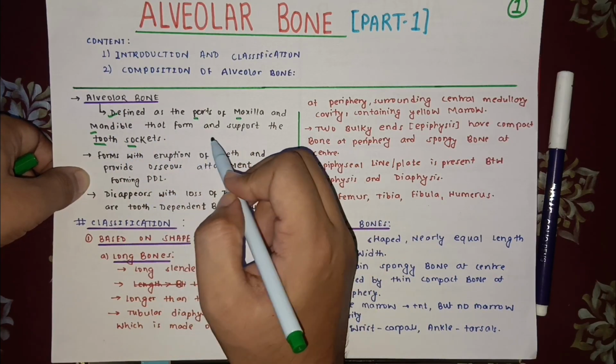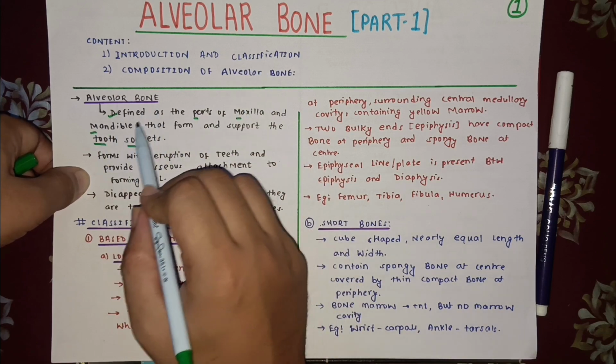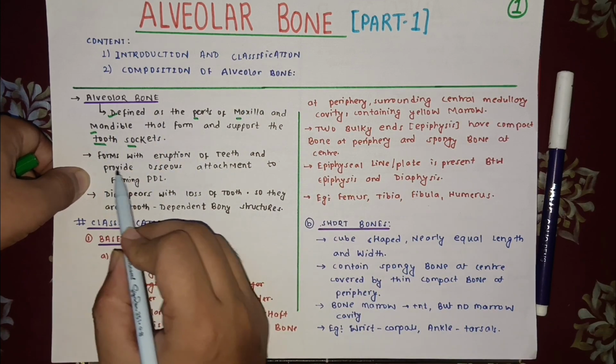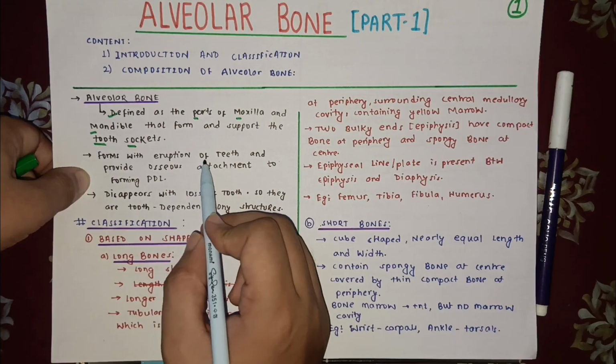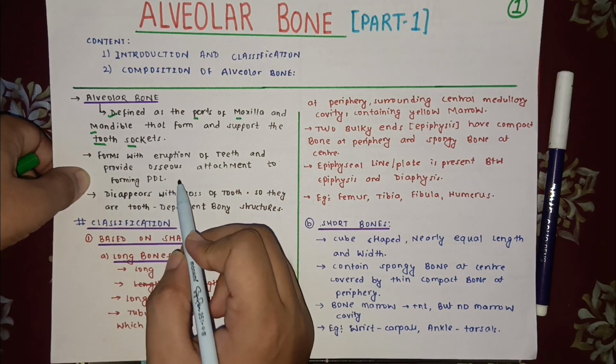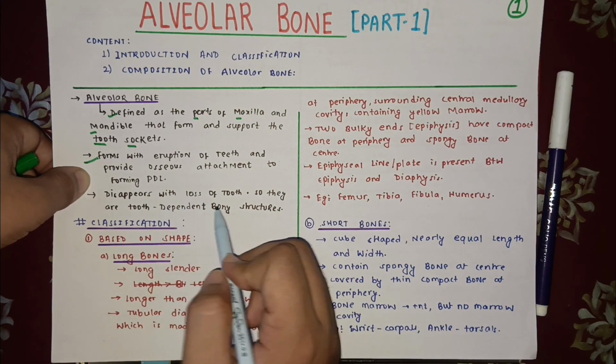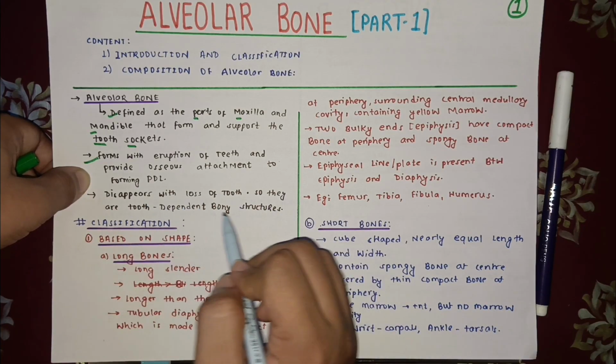They form the socket in which the tooth is lodged. They form with the eruption of the teeth and provide the osseous attachment to the forming periodontal ligament. Also, they disappear with the loss of the tooth, so they are a tooth dependent bony structure.